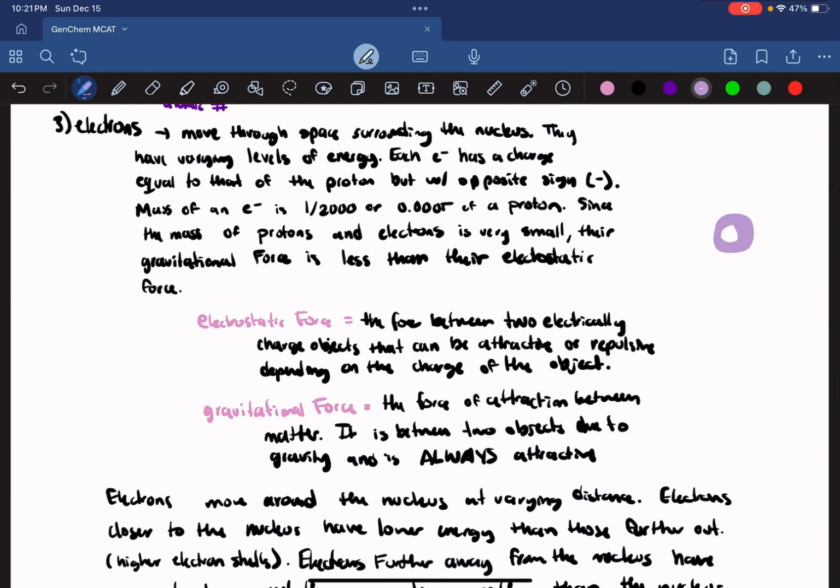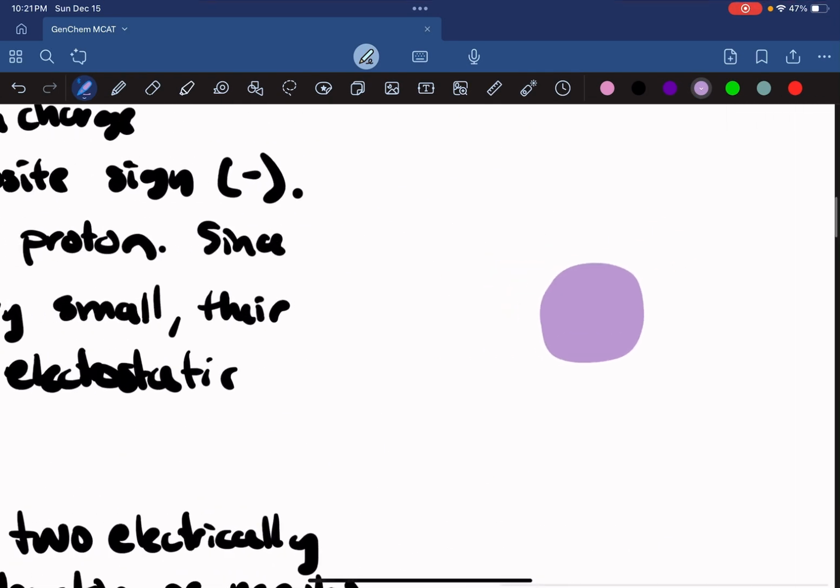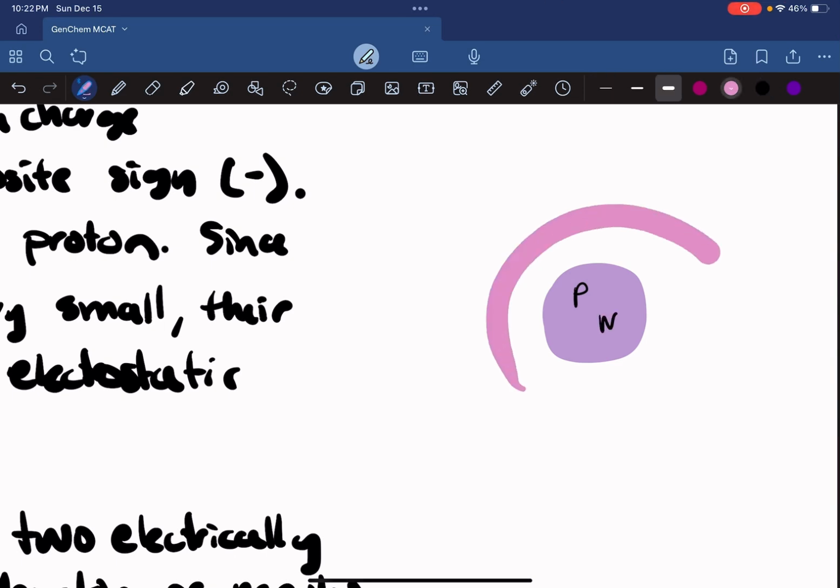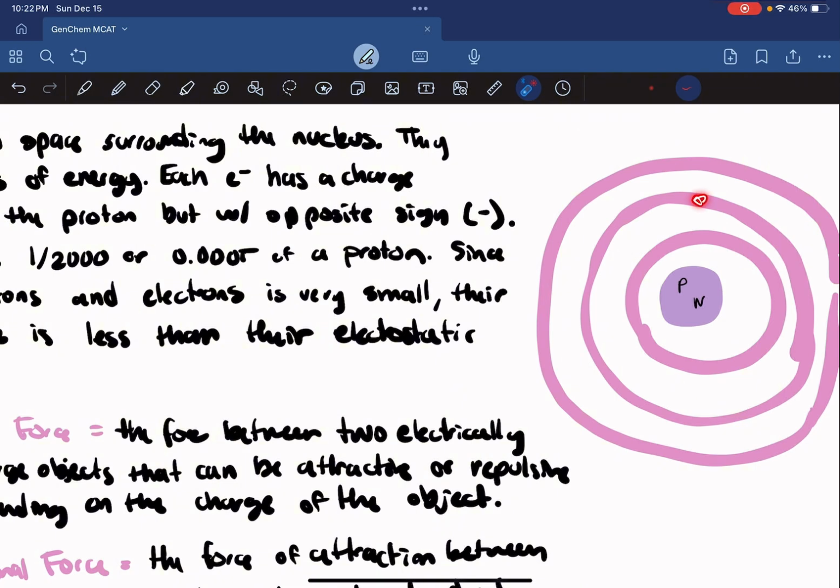So you have the nucleus, right? The nucleus of an atom. Inside of the nucleus, we have our protons, and then we have our neutrons, right? Around the nucleus, you have shells that contain electrons. The closer the shell is to the nucleus, the lower in energy it is. The further away the shell is from the nucleus, the higher the energy it has.